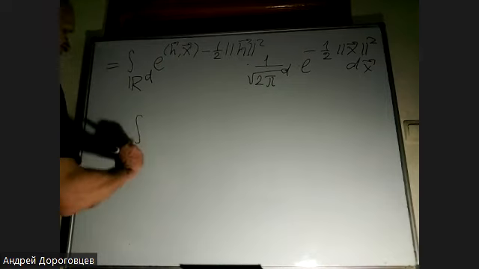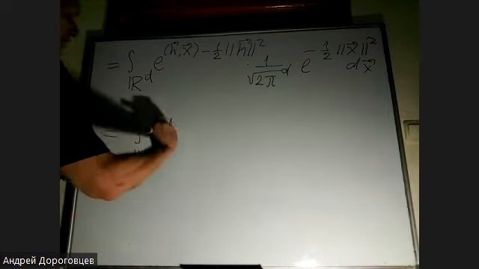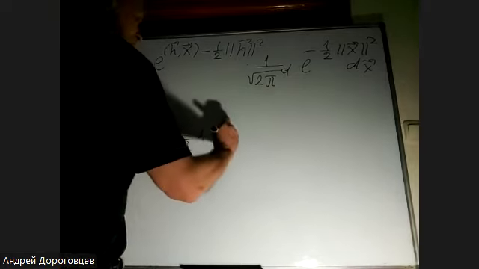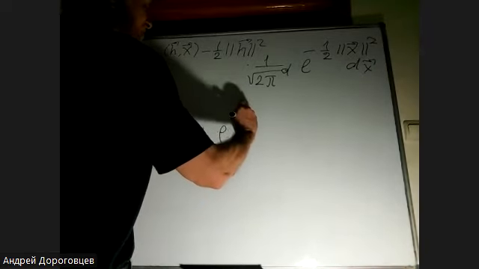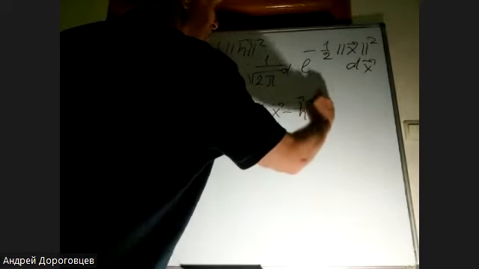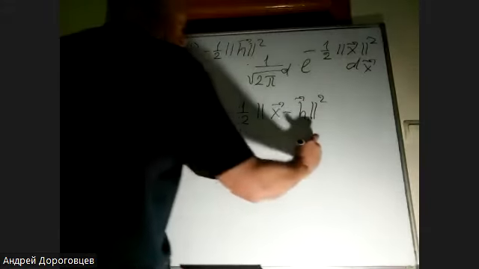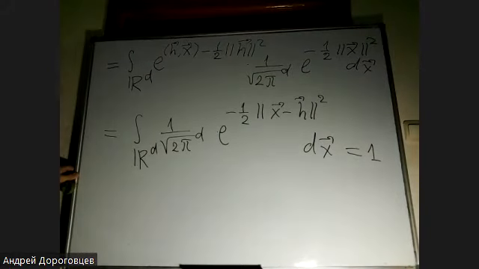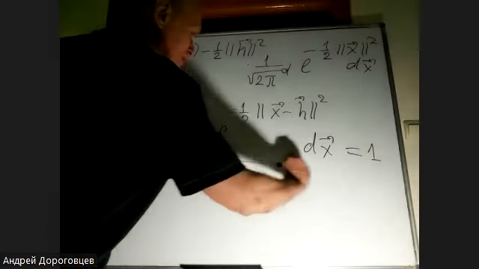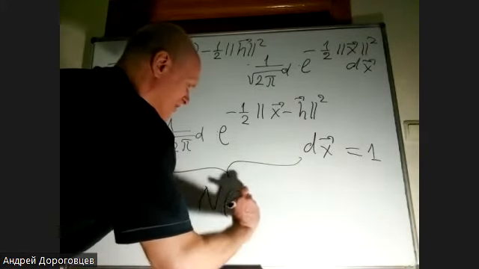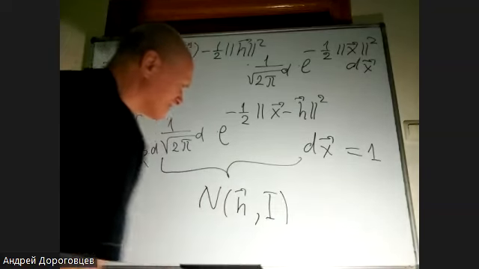It will be equal to the integral of 1 over square root of 2 pi to the power d, multiplied by the exponent of minus 1/2 norm of x minus h squared dx, and it is equal to 1 because here is written exactly the density of the normal distribution with mean h and identity covariance matrix.